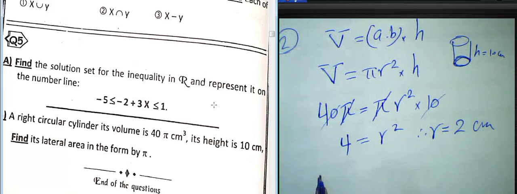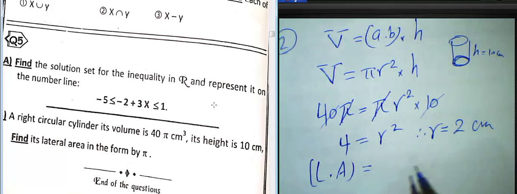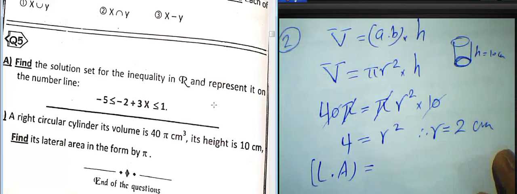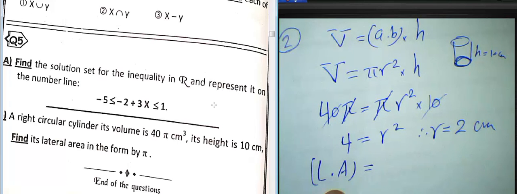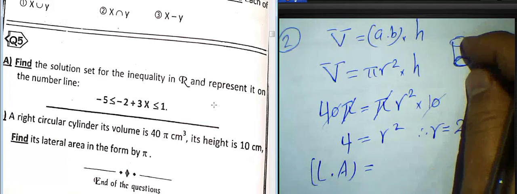And now we can find the area. He wants to find the lateral area of the cylinder. We can find the lateral area and the total area. First we find the lateral area, and then add the two bases to find the total area.